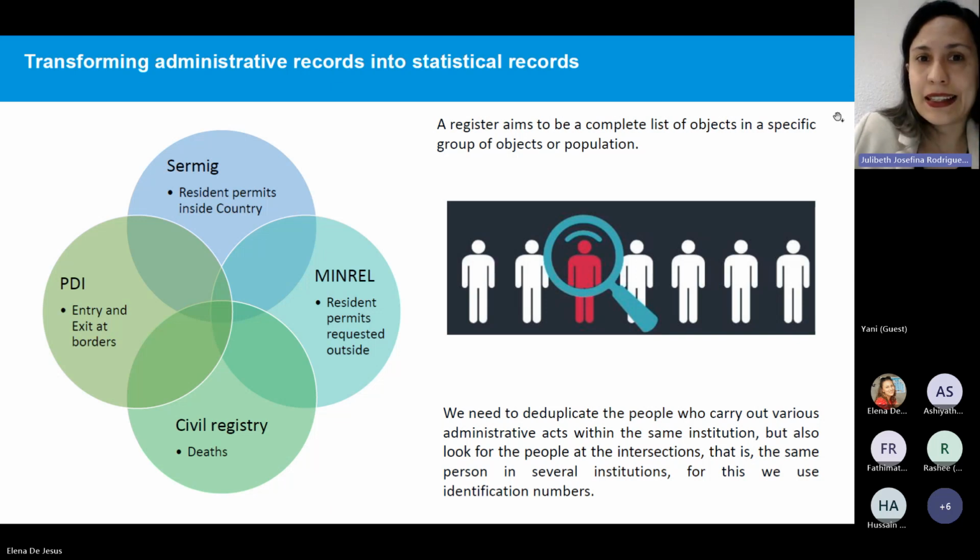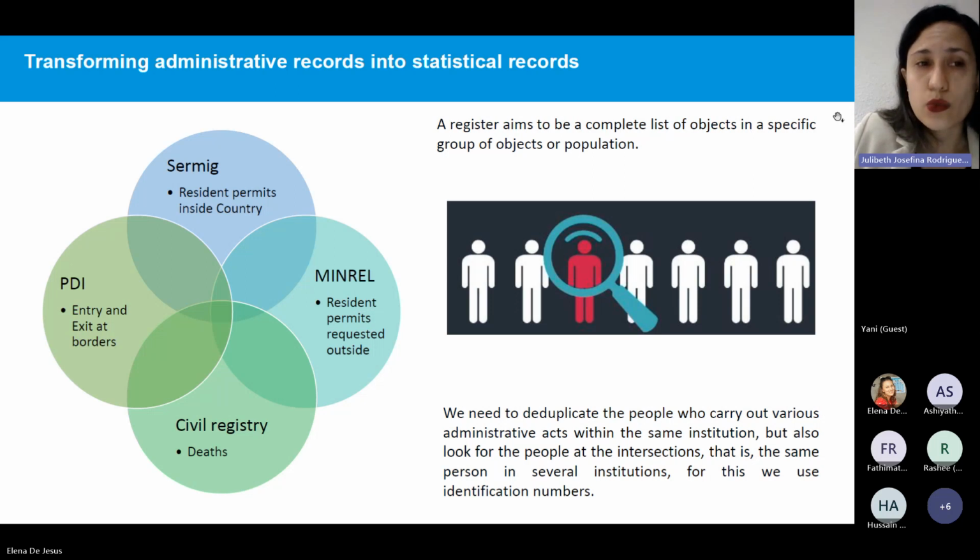So the identities used in register processing can either be identification numbers that are unique within a national administrative system, or an identification number in a subsystem with keys to identities in other systems, or it is possible to use identification variables such as name, address, date of birth, or place of birth.